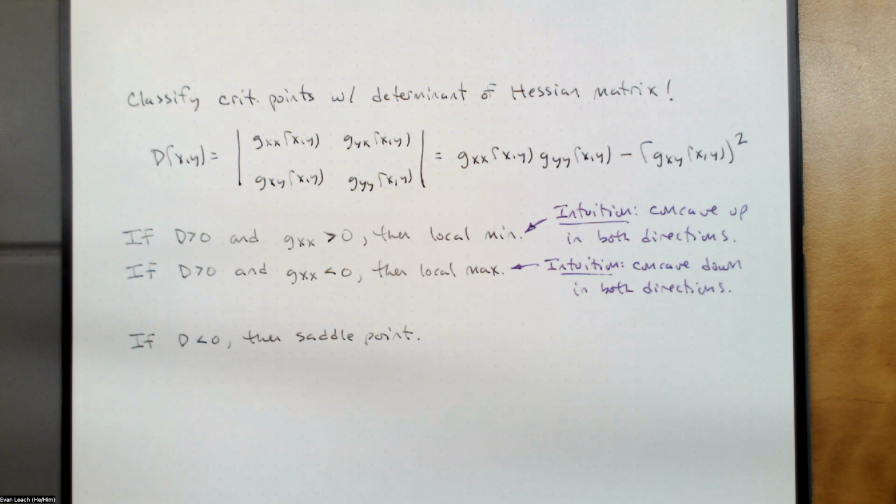Our intuition in this case is that we're concave up in one direction, concave down in the other direction. So we're standing at this point where things are flat. If we change in one direction, we'll be going up, so minimum. But if we go perpendicular to that, we'll be headed down, local maximum. That's why we call it a saddle point, because a saddle has the part that you sit on, and then the part that goes up in front of you and behind you.